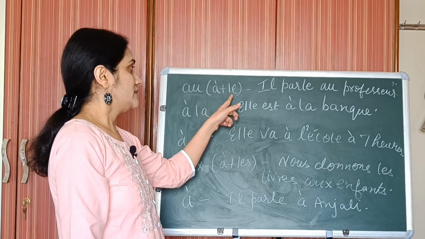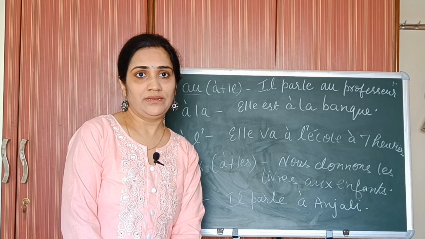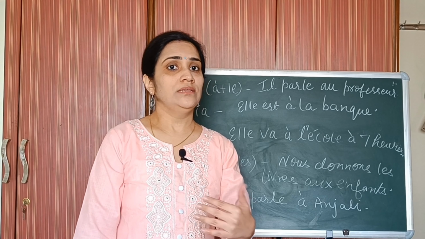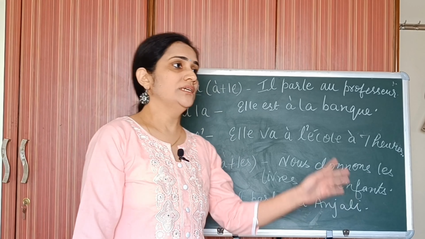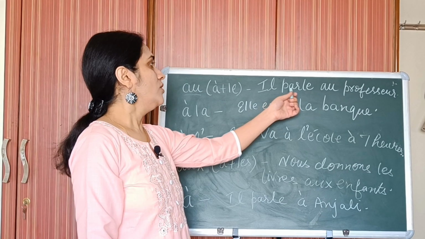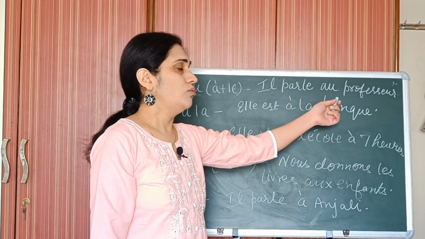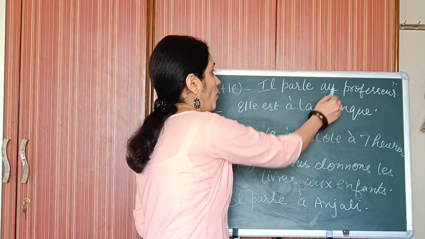And as the word is suggesting, le, au we will use with masculine nouns. Suppose we have to say, he speaks to the professor, he talks to the professor. Now the sentence goes, il parle au professeur. Here, professeur is masculine, so that's why we are using au.